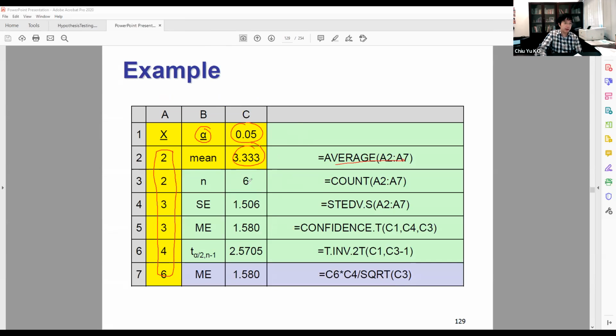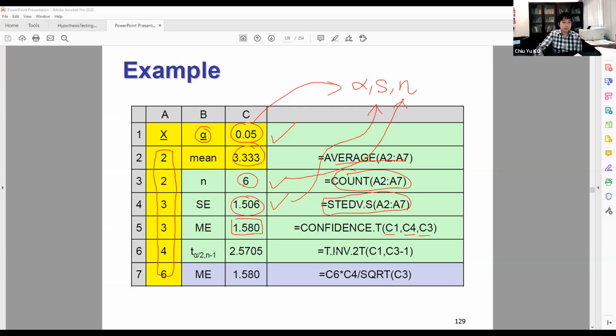I look at how many of them using the count function, and the standard deviation with STDEV.S. So to calculate the margin of error, you just remember, put in alpha, S, and N. So it's C1, C4, C3. That's alpha, S, N. So that's how we do it.